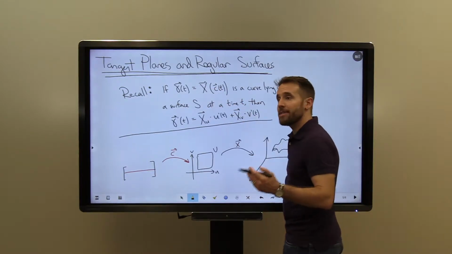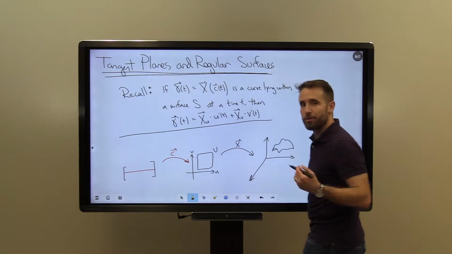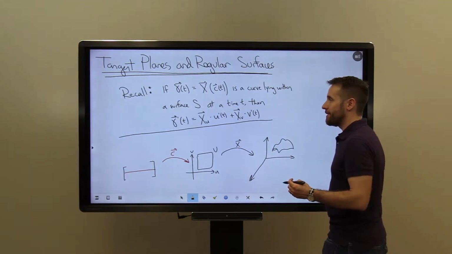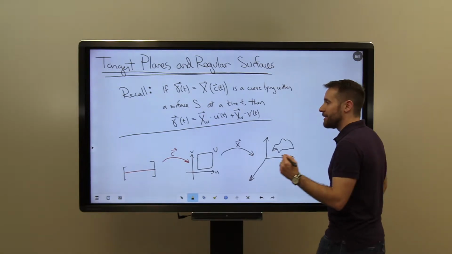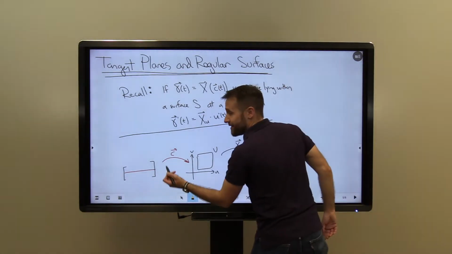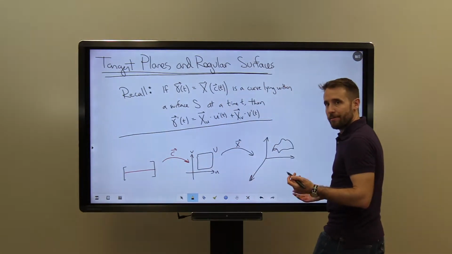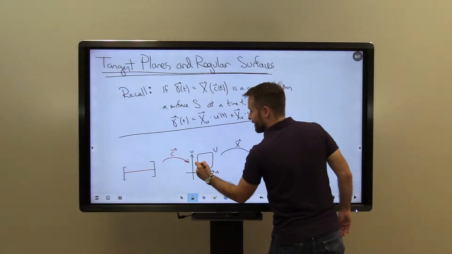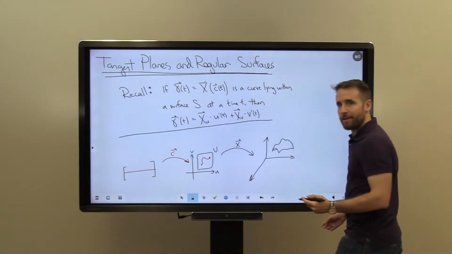And what we found was that we could compute gamma prime using the partial derivatives of x and v in this formula right here. So as a reminder of what this looked like, we had first our function c, and c would map a curve into our u-v plane. So maybe c of t is like this curve here.